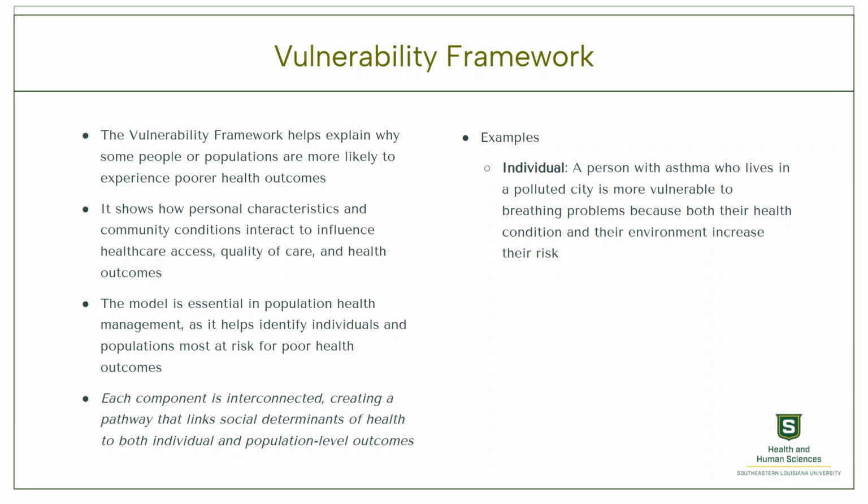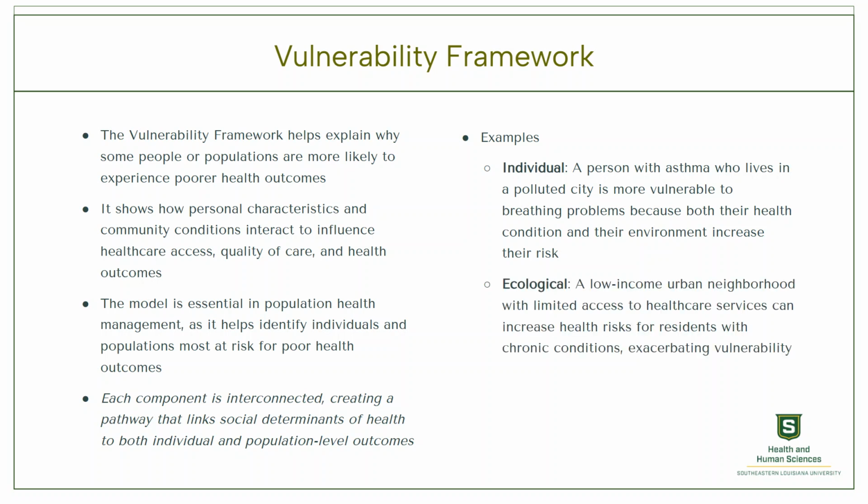For the fact that they have asthma and live in a polluted city, they are more vulnerable to respiratory and breathing problems, because both their health condition and their environment have increased their risk of having respiratory problems. On a population health level, or an ecological level, an example of this interconnectedness would be a low income urban neighborhood that has limited access to healthcare services.